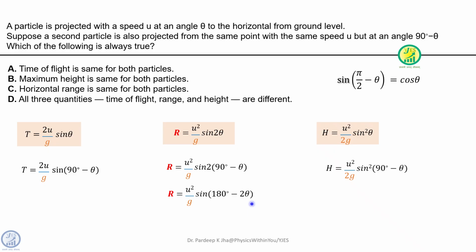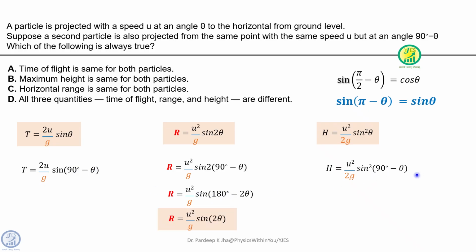For 90 minus theta, as it's in the first quadrant, cos will be positive and it will change. So it's a cos positive term, right? But for 180 minus theta, pi radian means 180 degree, so sine of 180 degree minus theta equals sine theta itself. So I know the changes that will occur in these cases.